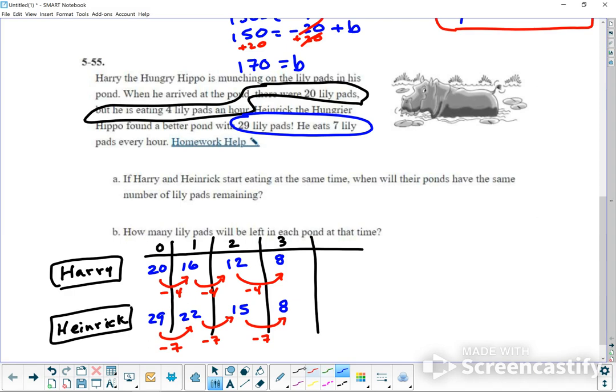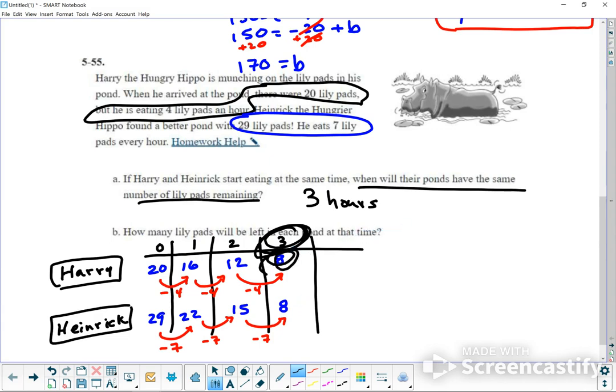So we know that after 3 hours, when will their ponds have the same amount of lily pads? This is 3 hours. How many are going to be left in each pond at that time? There's going to be 8 left. Okay. You can also do this a couple of other ways, but I think this is the first thing that comes to mind.